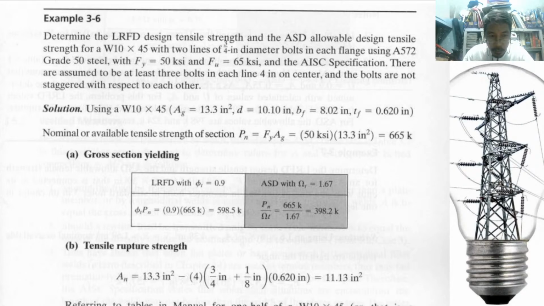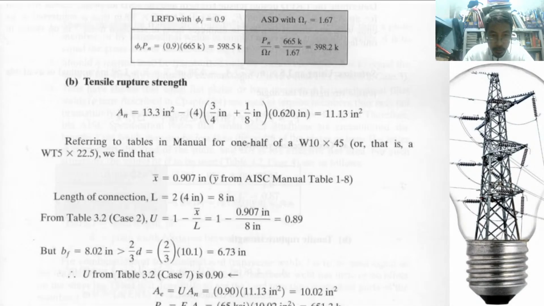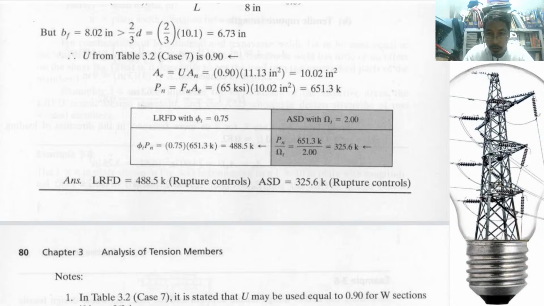Now for rupture, we are going to use 0.75. So multiplying by 0.75 for our LRFD, the answer would be 512, not 488.